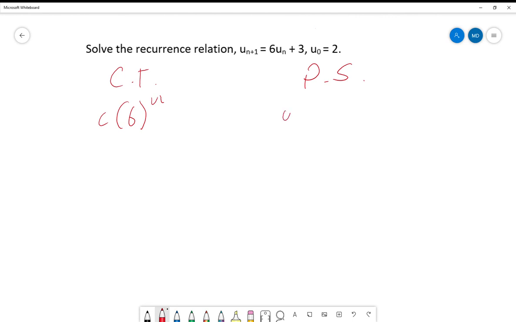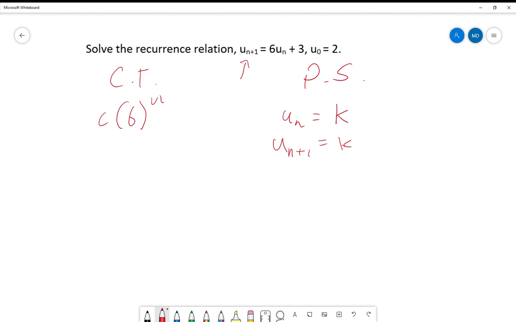So we need to pick un equal to some constant k. And equally, in this case, let's be careful, it's using un plus 1. Our un plus 1 must also be equal to k, because that's almost the definition of a constant. If something is constant, it stays the same.